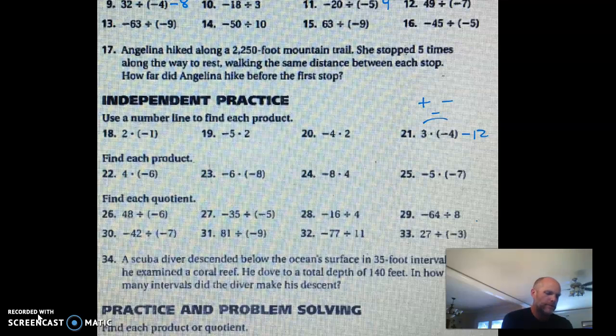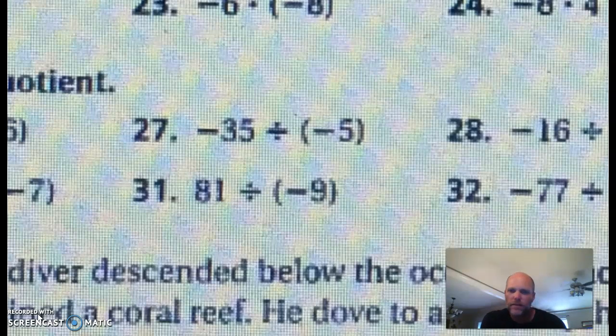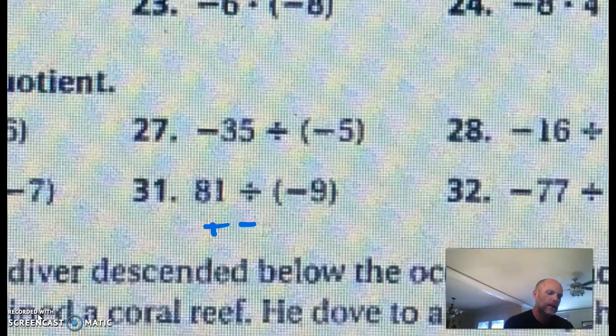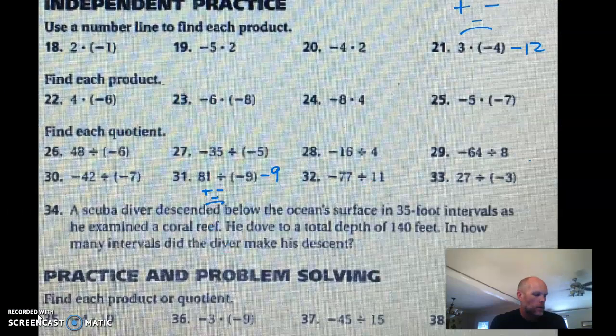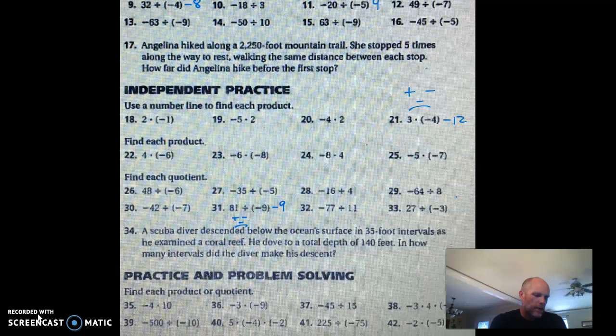Going down, you've got more division. Number 31, a positive divided by a negative. Positive divided by a negative is going to be a negative answer. And 81 divided by 9 is 9. 34 is even, so don't worry about that. Then we do get down here to 35 through 42.